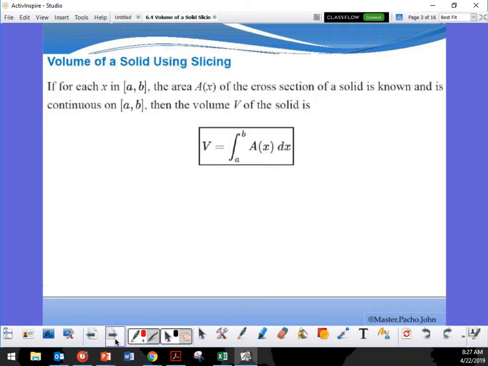This is basically an integral, but for each x, the area A of x, the cross section of the solid is known as continuous, and the volume V of the solid is right there. It looks like just an integral. It is. That's all it is? Yeah. So this is the area of the shape, right?